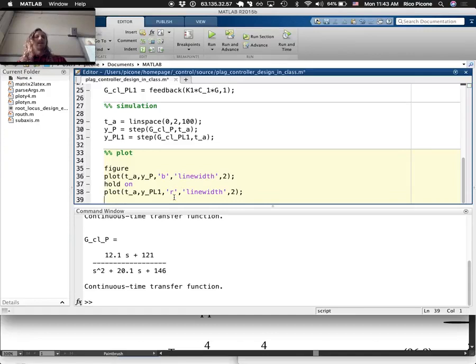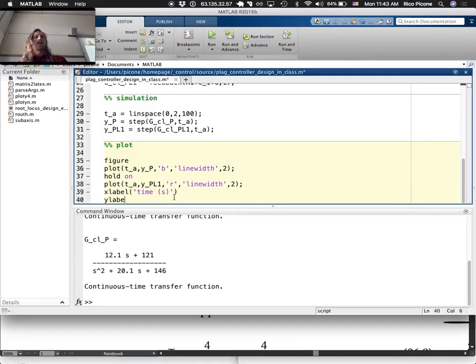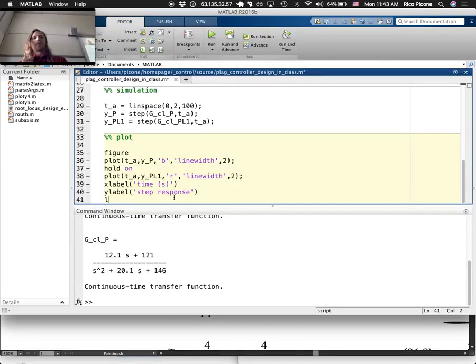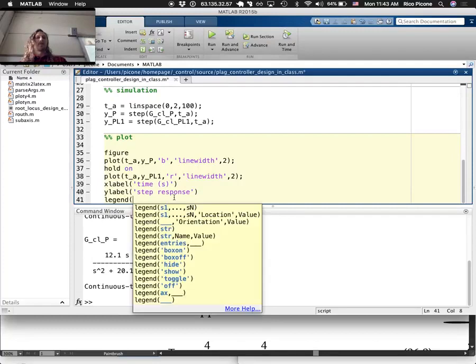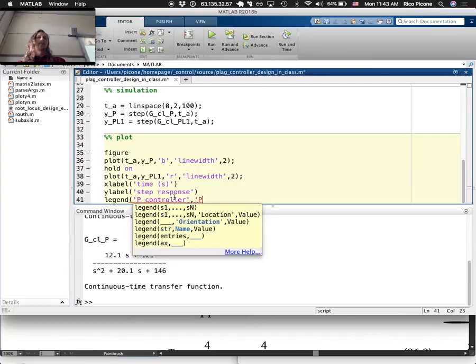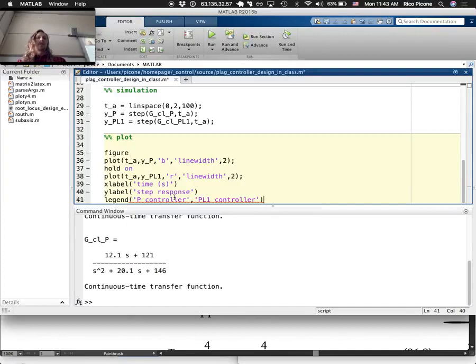And then we'll do X label time in seconds, Y label step response. And then a quick legend just so that we remember which is which: P controller and then PL1 controller. Okay, so that should do it.